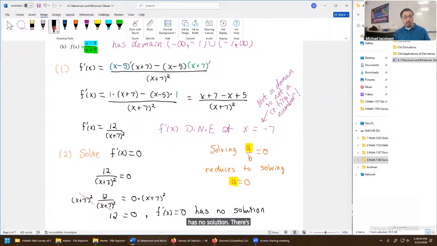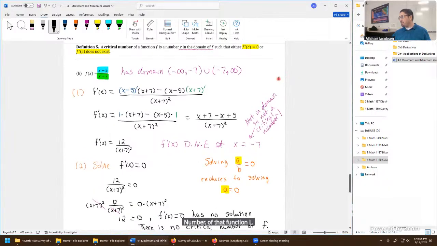There are no critical numbers for where the derivative fails to exist in the domain. And so our conclusion is there is no critical number of that function f. This function is weirder than it looks.